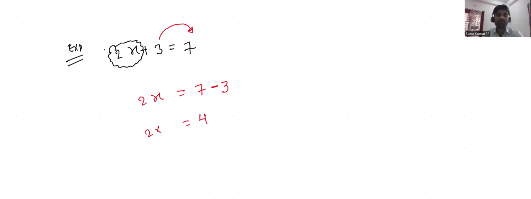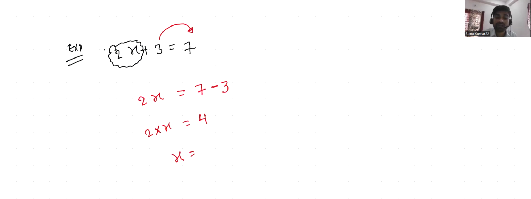Now, tell me everyone, if you see carefully, first of all you have to do the plus or minus operation by the shifting process, that is the transposition method. Now here, 2 is in multiplication. If 2 goes to the right side, multiplication becomes division. So I can write x equals 4 divided by 2.